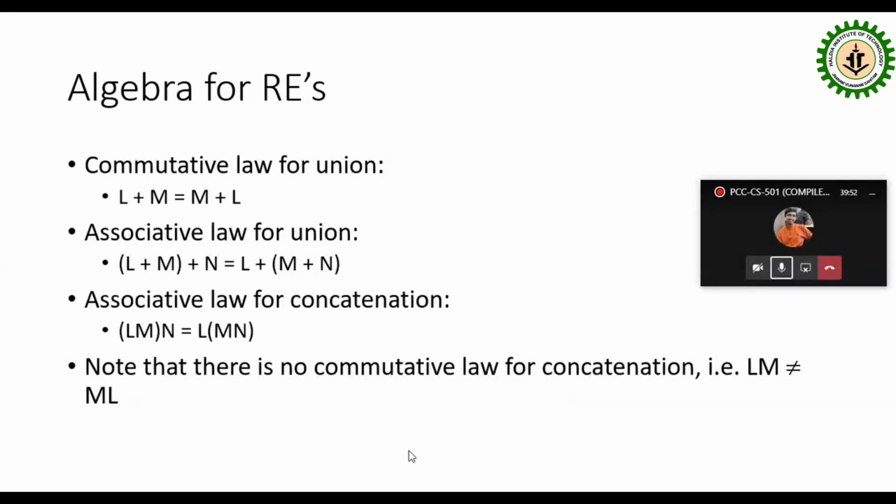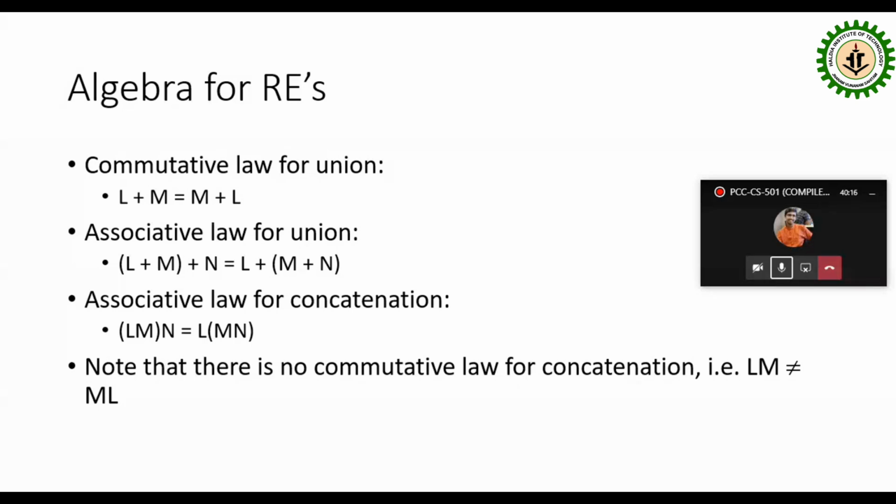Okay, come back. So that is known as the commutative law: L plus M equals M plus L. Let's take the previous example, ab plus a. Let L equal ab and M equal a. So you can also write M plus L, a plus ab. Same thing: ab plus a equals a plus ab.